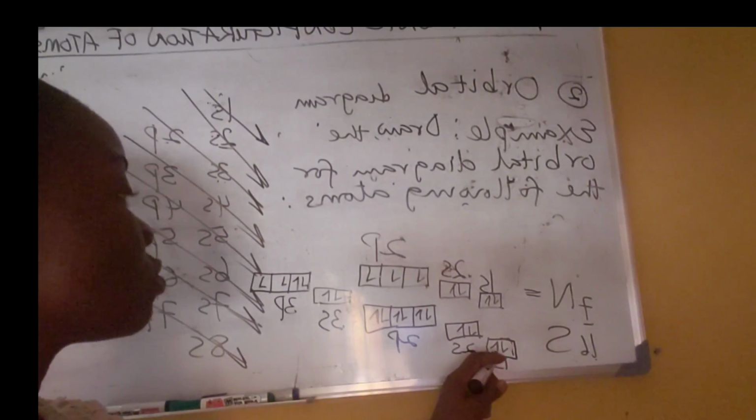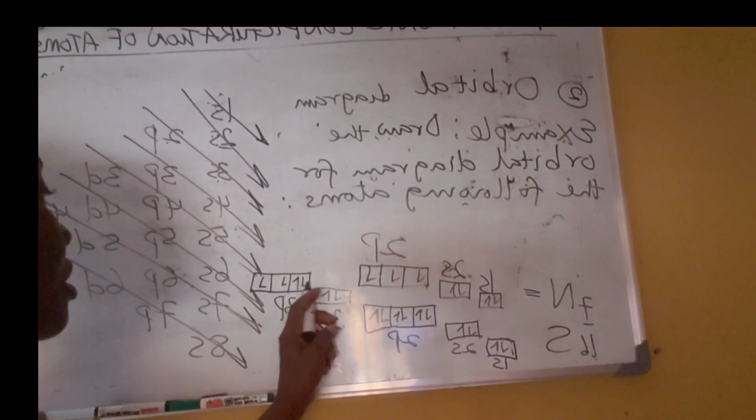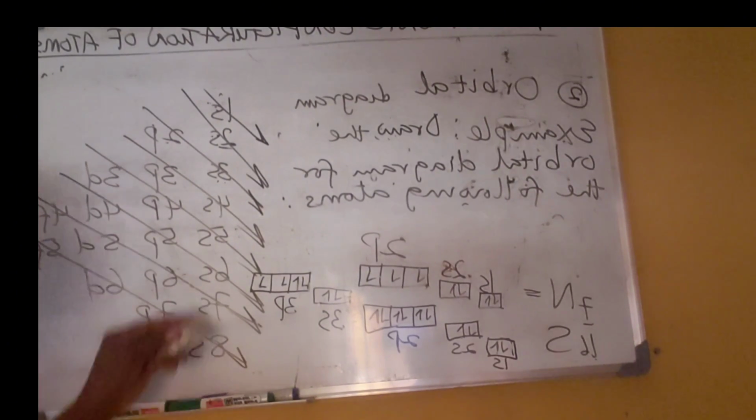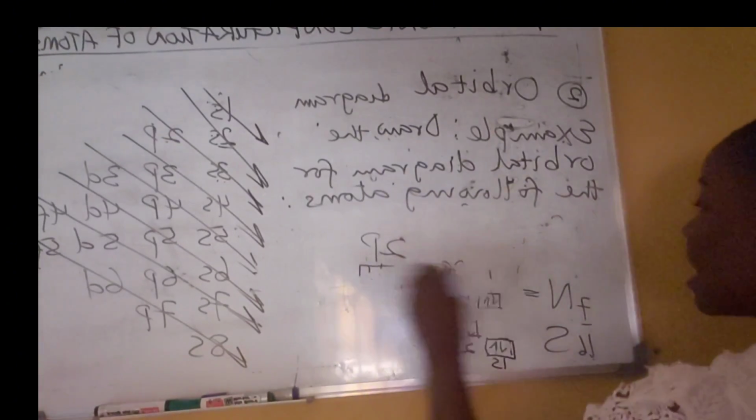So this is 2, 2, 6, 10. Then this is 1, 2, 3, 4, 5, 6, 16. So this is how to draw the orbital diagram for atoms of elements.